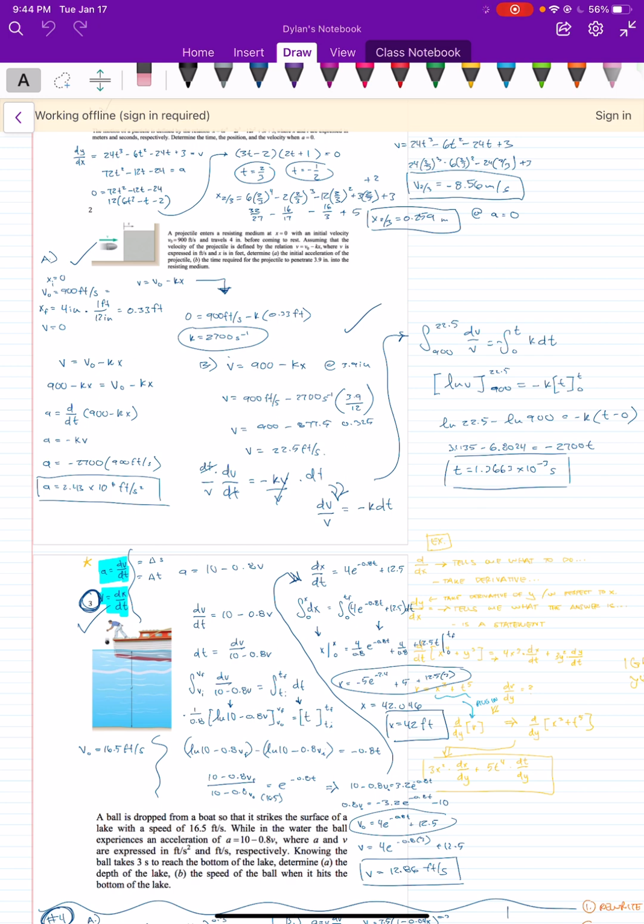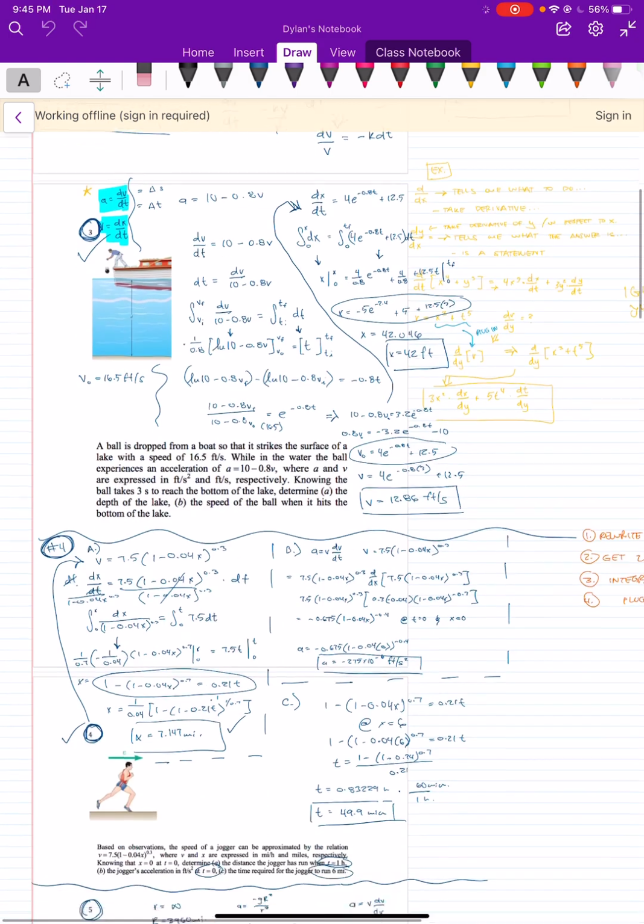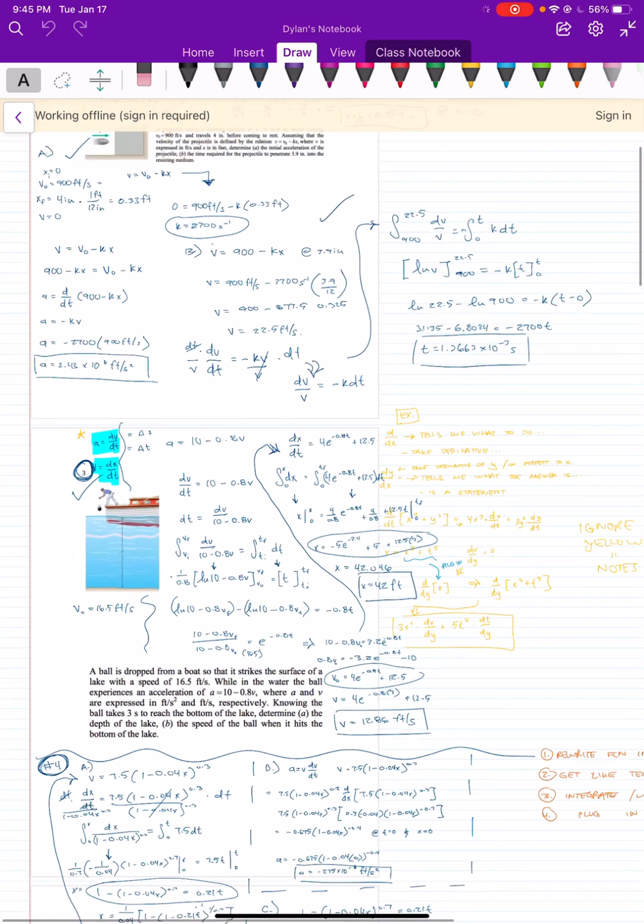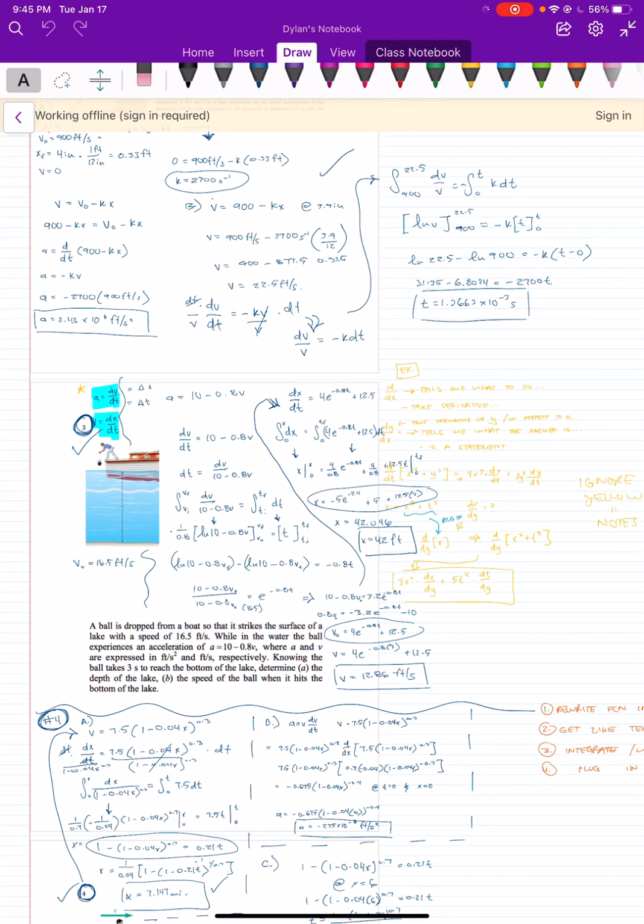And that ultimately gave me some limits of integration from 22.5 to 900. After I took the integral and plugged those in, I was able to get the time required for the projectile to penetrate 3.9 inches into the block. Okay, so that was technically on my first video, but I just reviewed it.